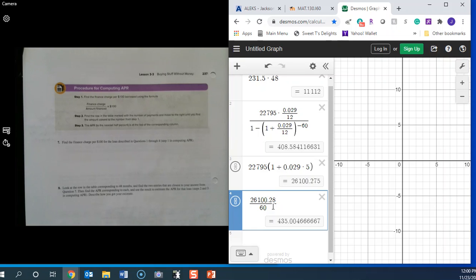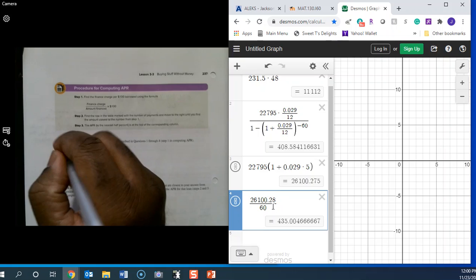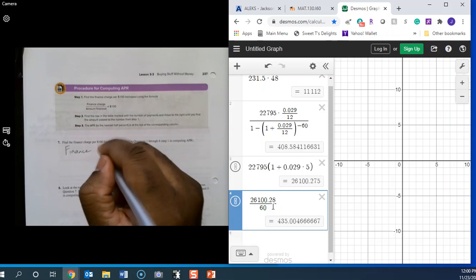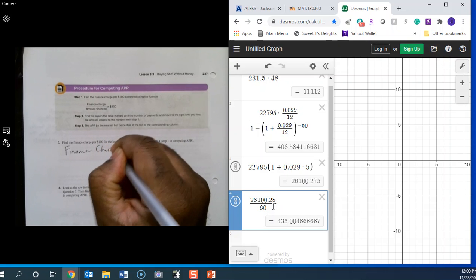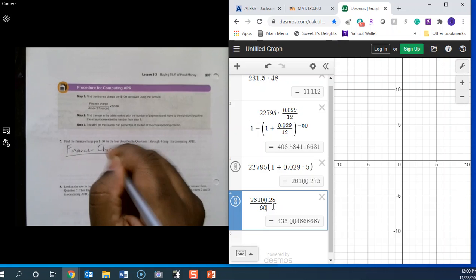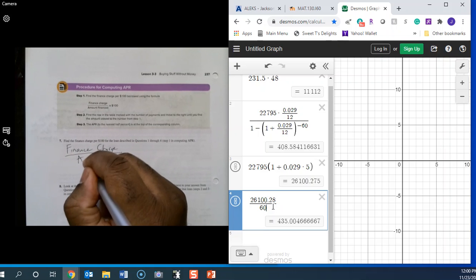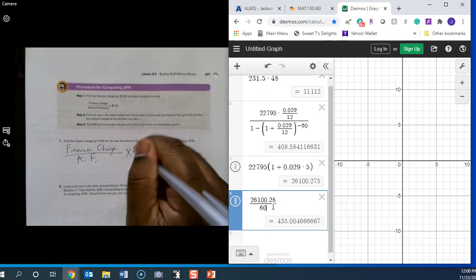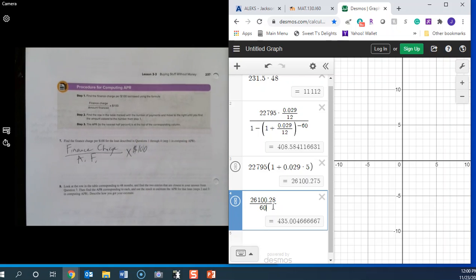Find the finance charge per $100 for the loan described in questions 1 through 4. Step 1 in computing APR. All right, so we have a finance charge, and I'll abbreviate this as FC, and we know the amount financed, AF, and that'll be times $100.